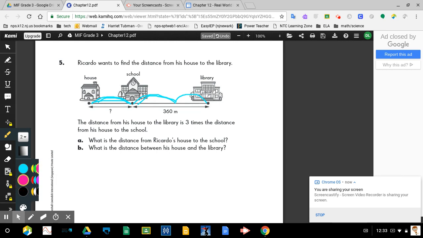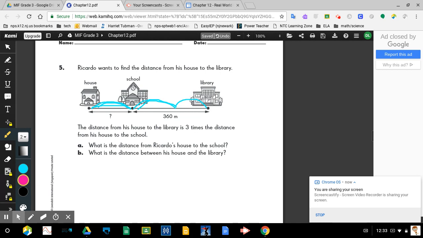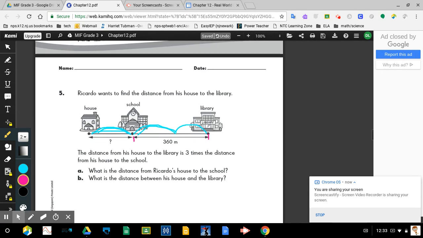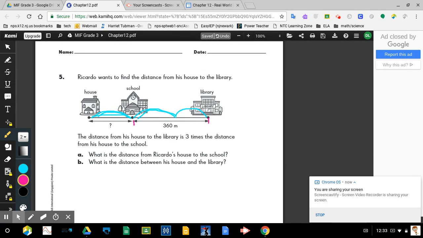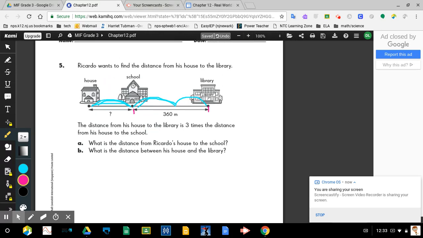And what you do recognize from this picture is that while I don't know how far it is from the house to the school, I do know that the school to the library is 360 meters. Now, I want to figure out how much these individual jumps are.